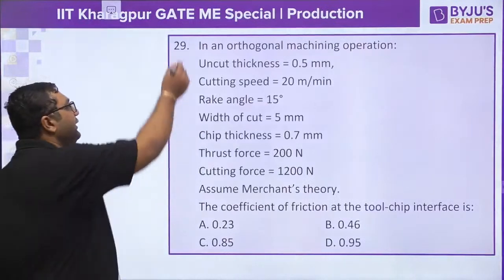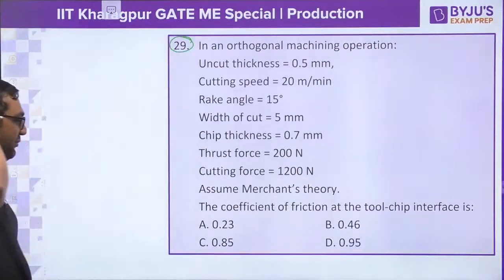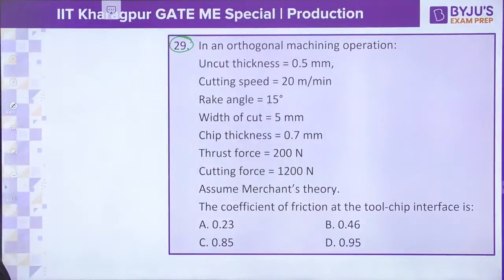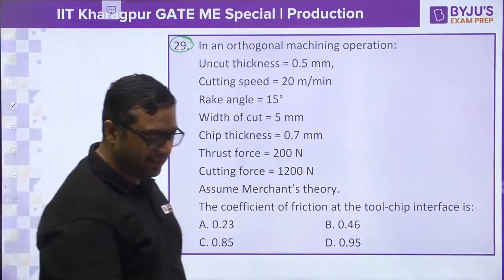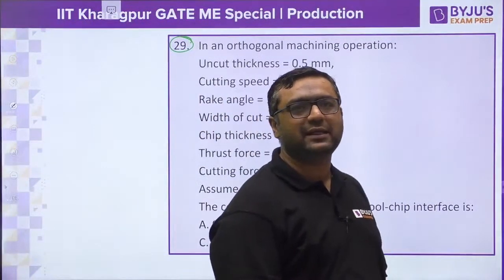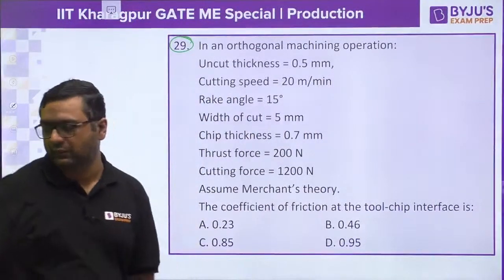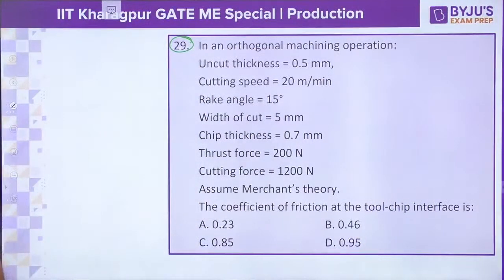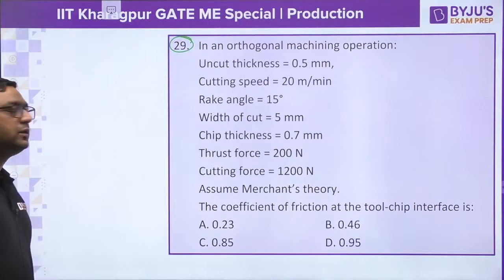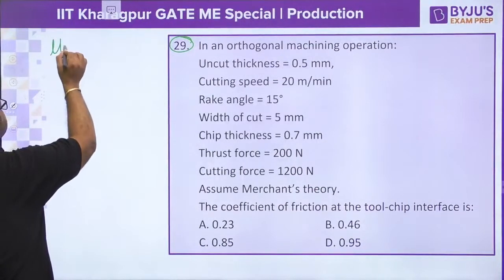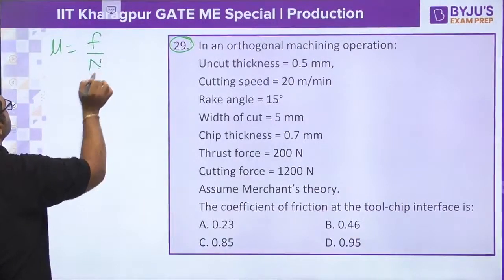Question number 29. The same data, this time they are asking you the coefficient of friction. Coefficient of friction is friction force by normal force.